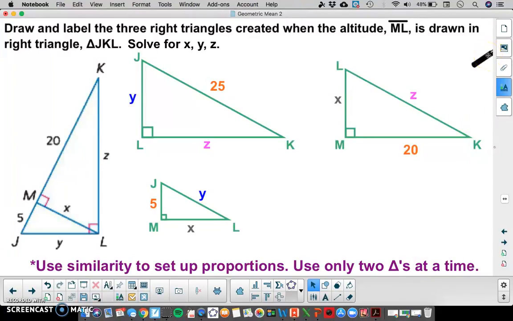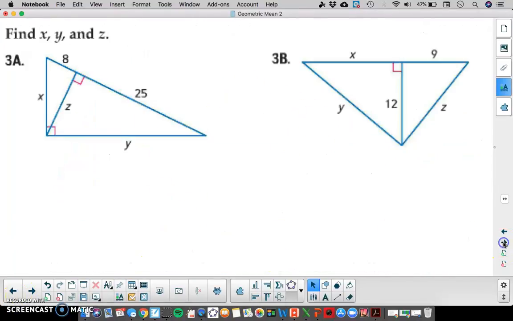So if we want to solve for Z, notice we can use this triangle here and relate the hypotenuse, 25, to the longer leg Z, and the hypotenuse Z to the longer leg in the larger and medium-sized triangles. So that's the proportion you would want to use there. I want you to do those proportions on your own. And then I also have two more examples. Draw out the three triangles and set up those proportions.